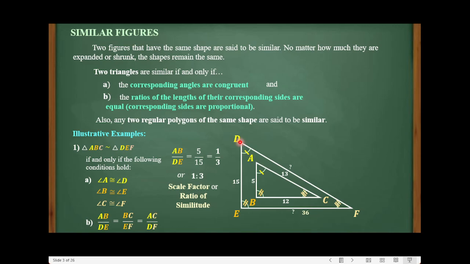And to get the length of this side, it is simply 3 times longer than 13, which is the corresponding length segment AC. So, 3 times 13, therefore, DF is equal to 39. Okay? Next.